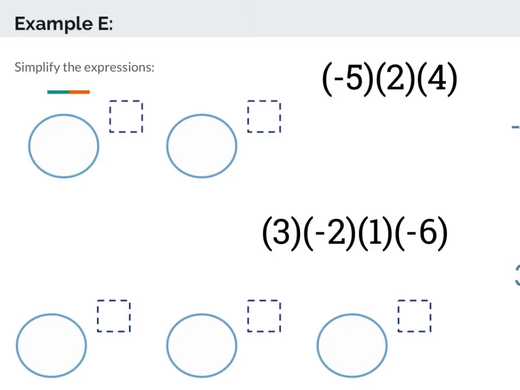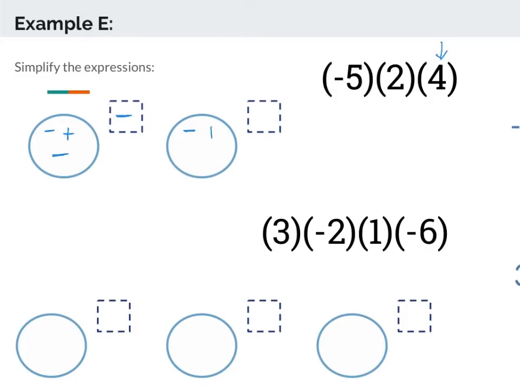So the first thing I've got is a negative 5 times a positive 2. I know that answer is going to be negative because a negative times a positive gives me a negative. So I know my first answer will be negative, and I'm going to carry that over to the next face. Then I've got a negative, whatever my answer is going to be, times a positive 4.